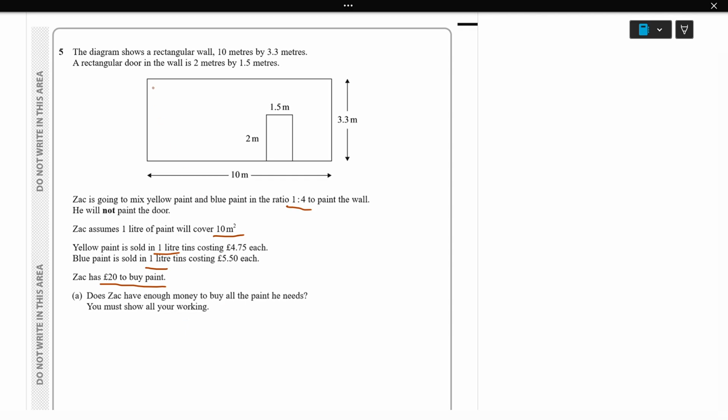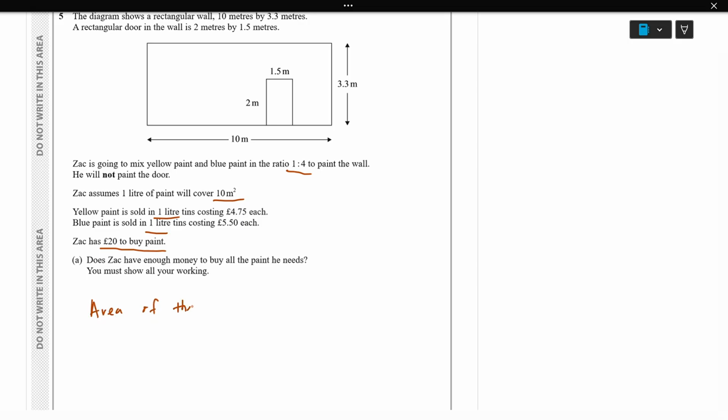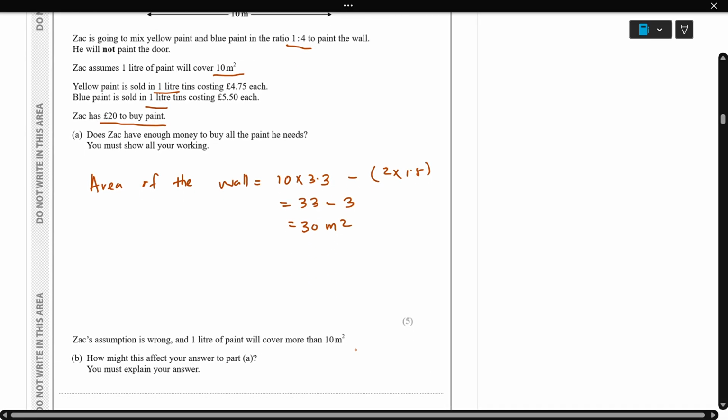So first I'll find the area of the wall without the door. So the area of the wall is 10 times 3.3 minus the door, which is 2 times 1.5. So here 10 times 3.3 is 33, minus 1.5 times 2 which is 3, so 30 square meters. So the total wall area is 30 square meters.